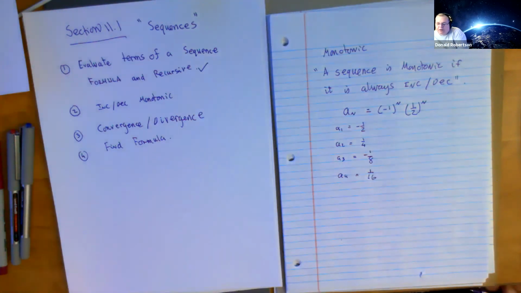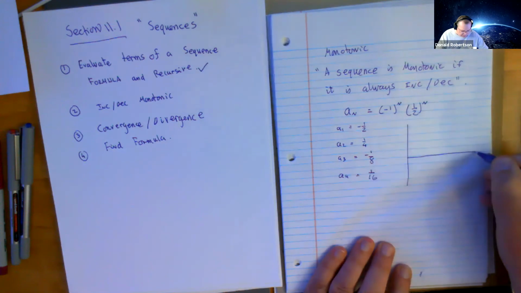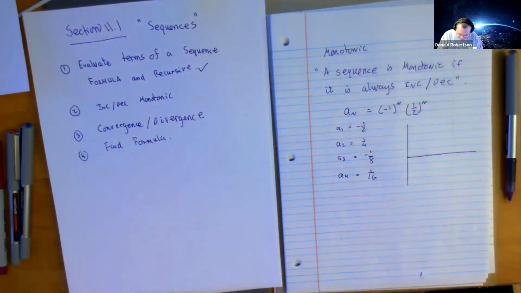Would you agree that that sequence is not increasing or decreasing? In fact, it's doing, I guess, the opposite of that, isn't it? Doing both continuously, going up, but then coming down, going up, but then coming down. If you plotted this guy, he might look something like this.